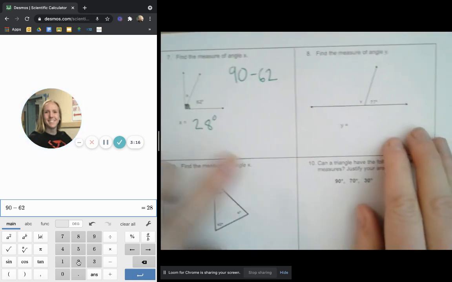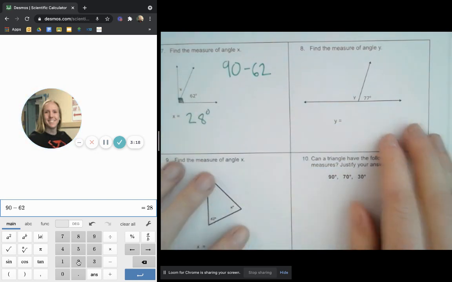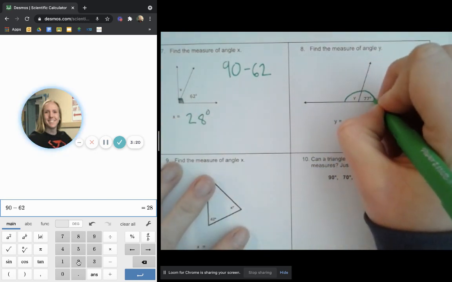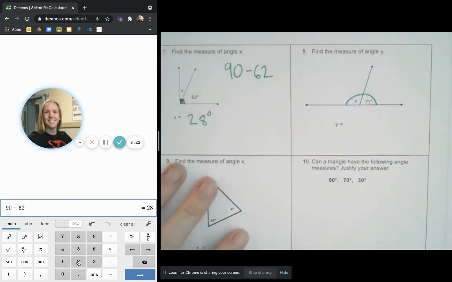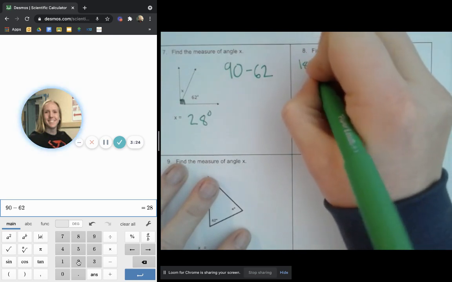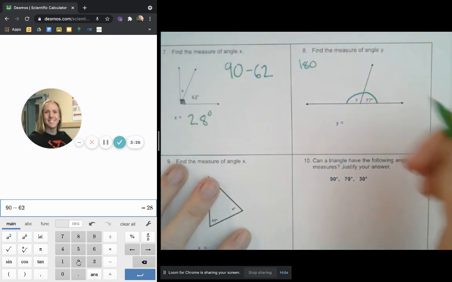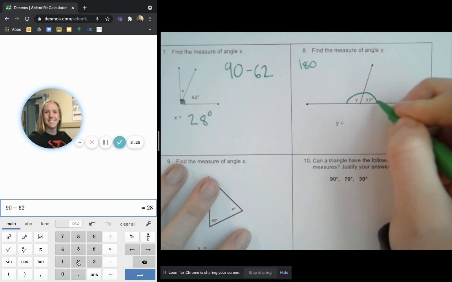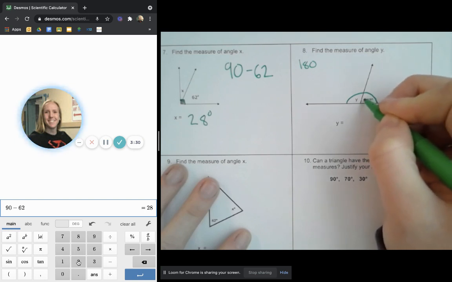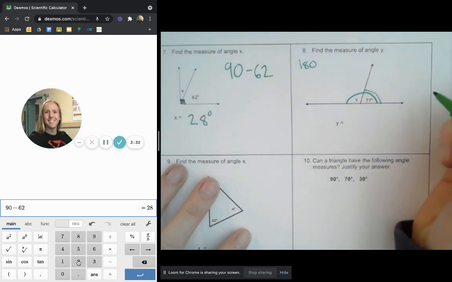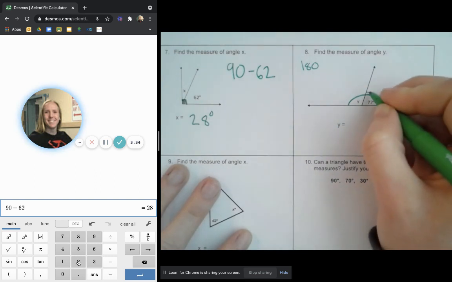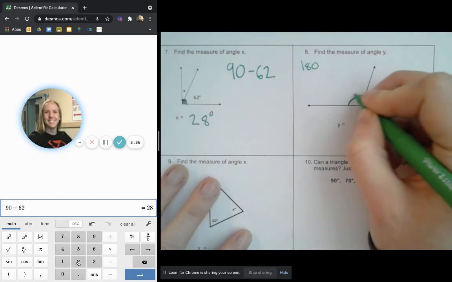All right, number 8. Now this is a flat line. This is a straight line. Remember, any straight angle has 180 degrees. Well, we already know that 77 degrees of this is taken up by this part right here. I want to know what the rest of it is to get to 180.